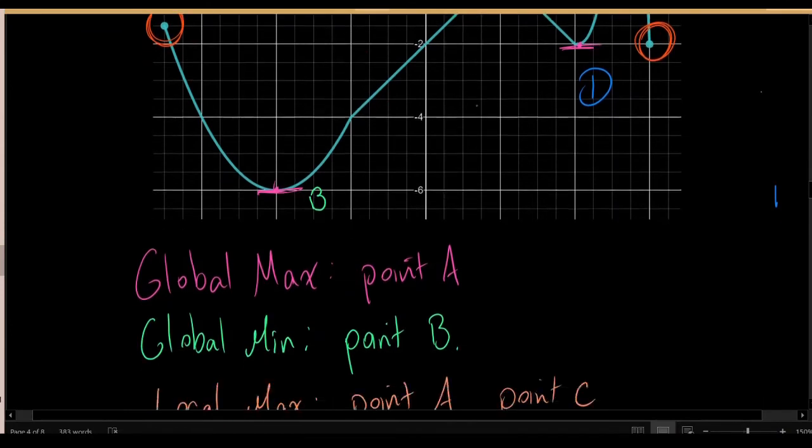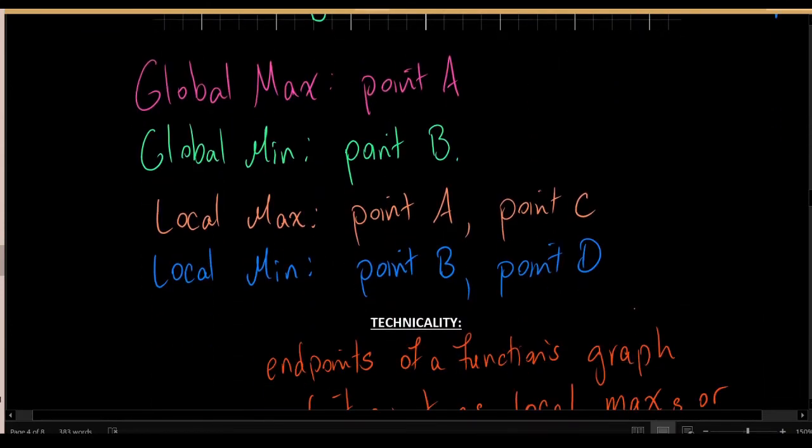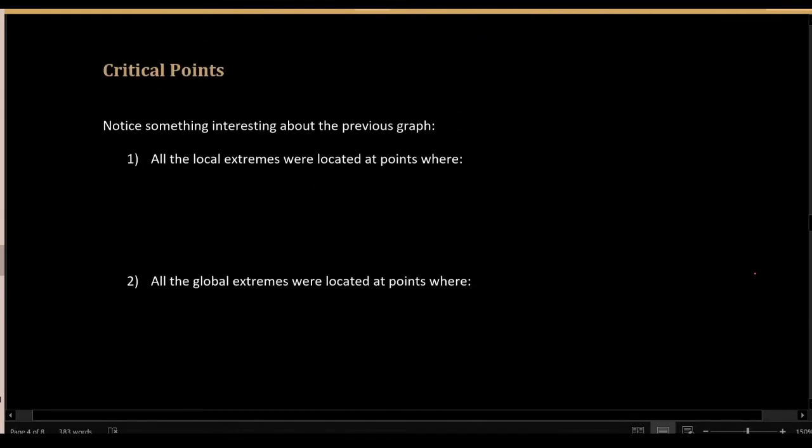So all the local extremes, point A, C, B, and D, were located at points where either the graph is flat or the graph has a corner.